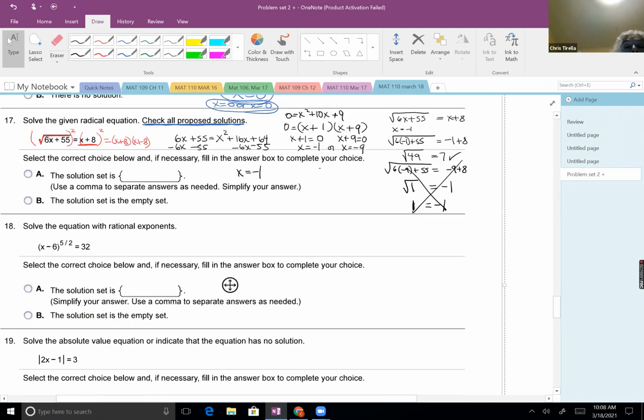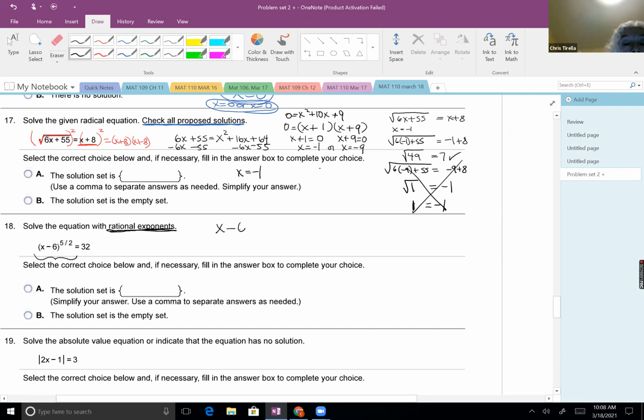Next problem asks me to solve this equation with rational exponents. And again, remember, if I have a rational exponent, if I have a fraction in the exponent, we want to get that part with the rational exponent alone on one side of the equal sign.